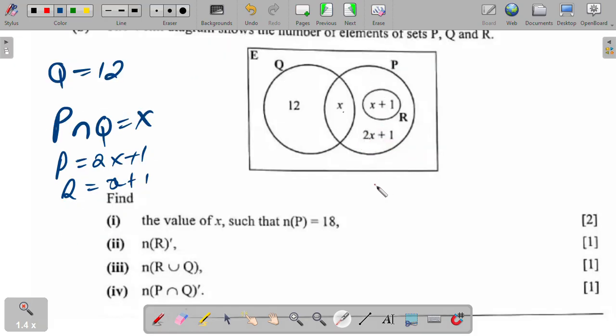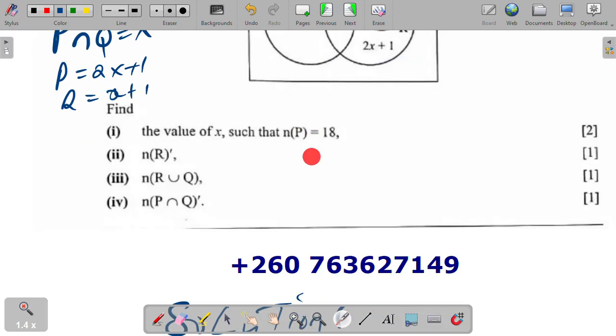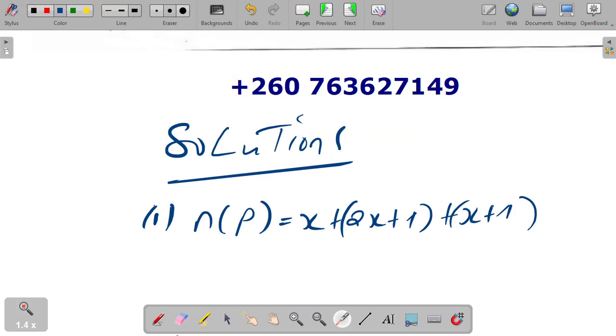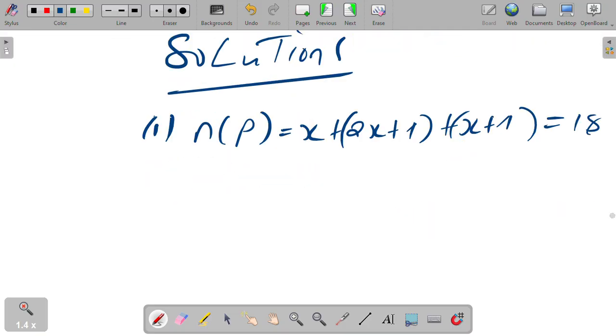All these are part of the elements in set P. Don't forget this is equal to 18, which we are given. We can first find the values and then replace n(P) with 18. So we can group the like terms here.